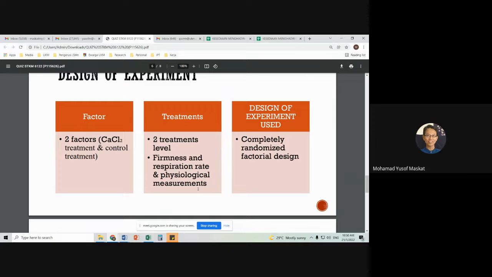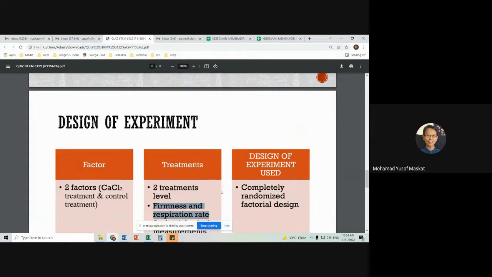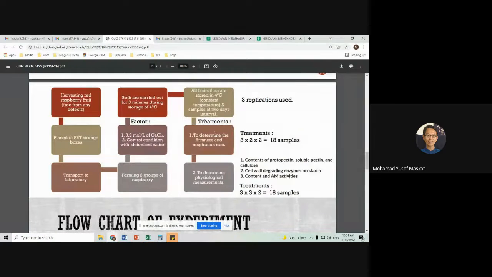We apply on the samples. Temperature, heating, cooling, extraction, solvent, different solvents, all of this we impart on the samples. Firmness and respiration rate. Do we impart it on the samples?